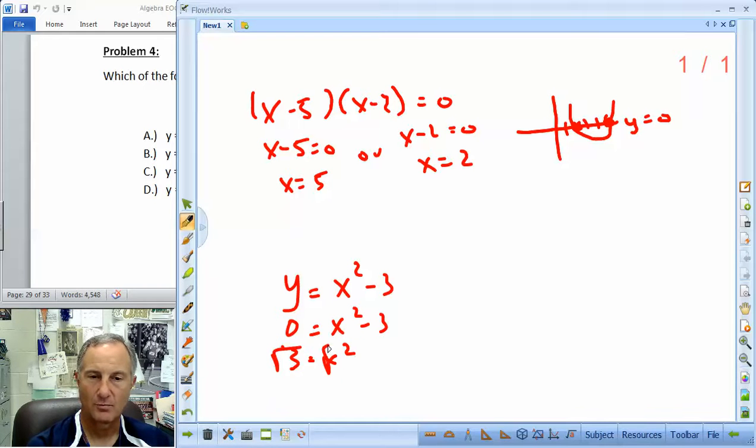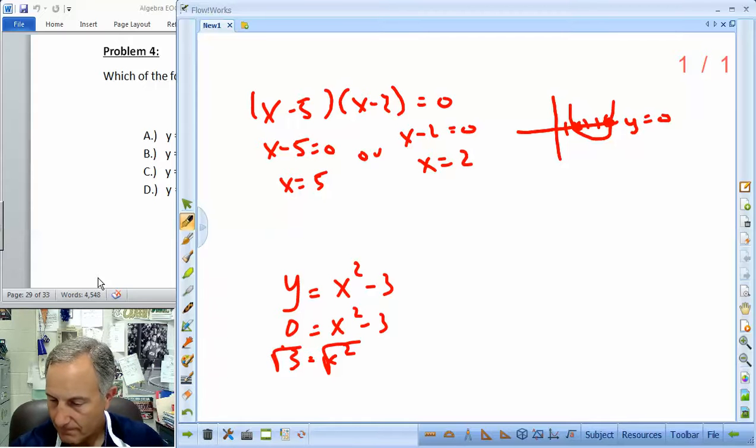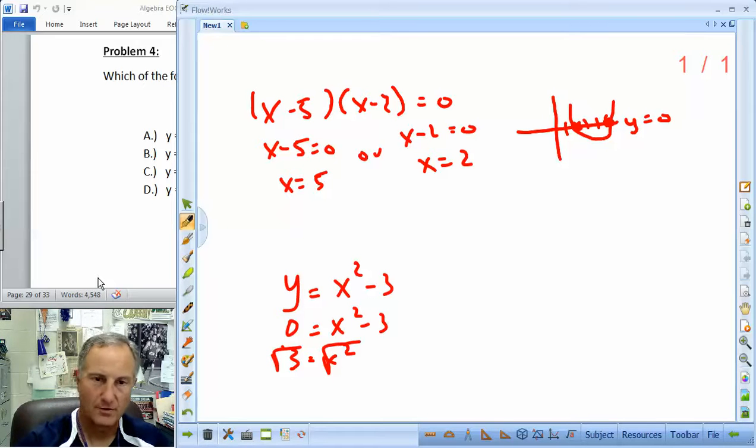We're going to square root both sides, and the square root of 3 goes the other way. 1.73 would be our x, and that would be plus or minus 1.73.